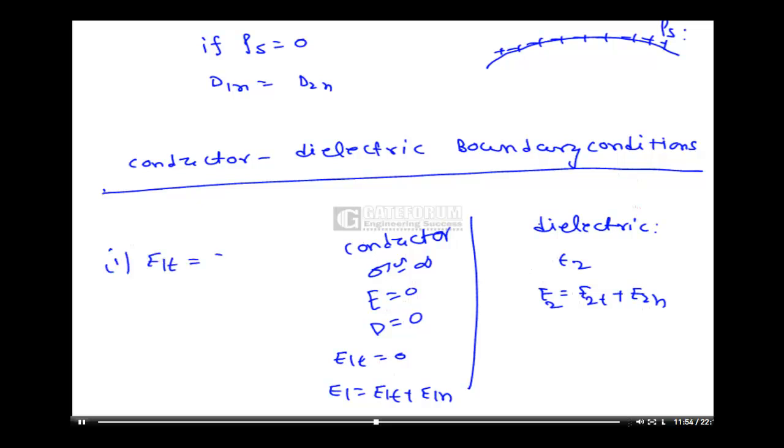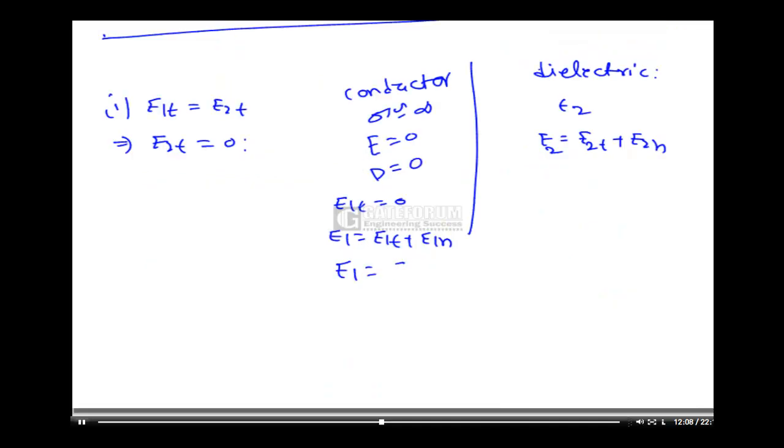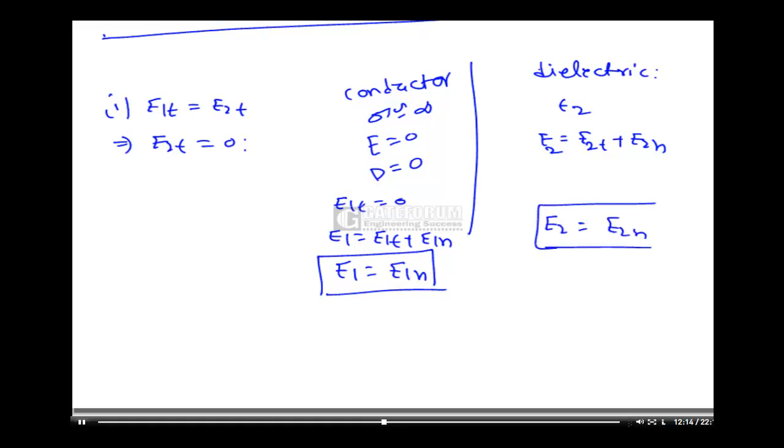E1t is equal to E2t. The boundary conditions discussed above are valid for all. E1t is equal to E2t implies E2t is also equal to 0. So here E1 entirely becomes E1n, and E2 entirely becomes E2n. Only normal components exist.